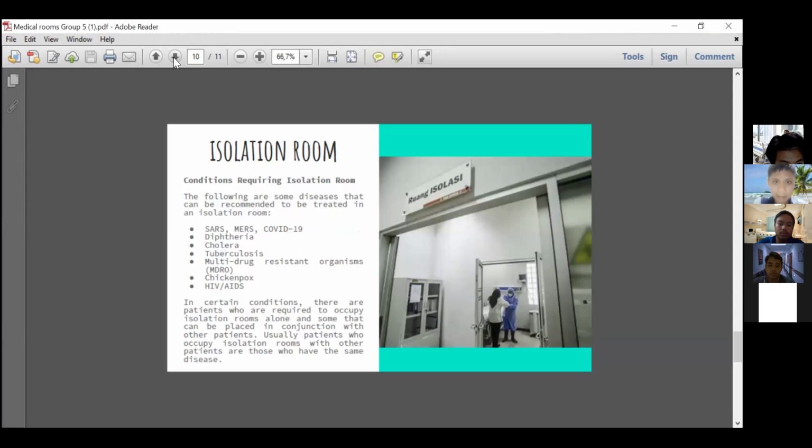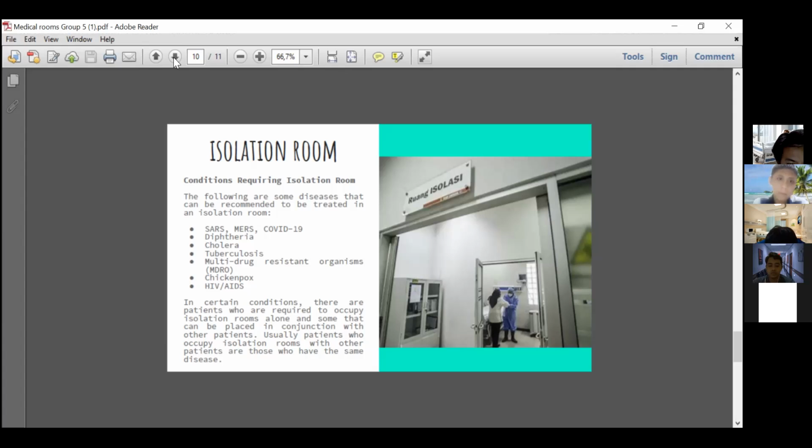Next, conditions requiring an isolation room. The following are some diseases that can be recommended to be treated in an isolation room: SARS, MERS, COVID-19, diphtheria, cholera, tuberculosis, multi-drug resistant organisms, chickenpox, and HIV/AIDS.